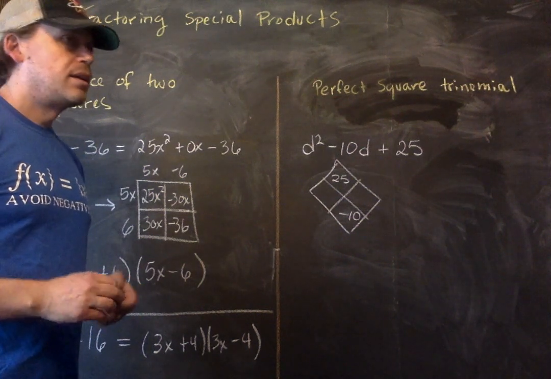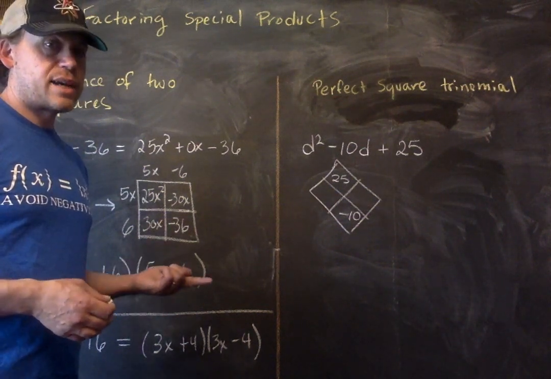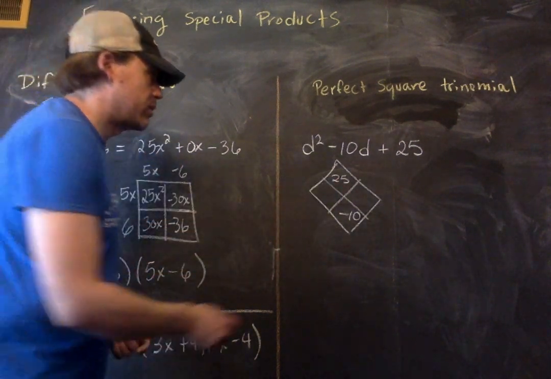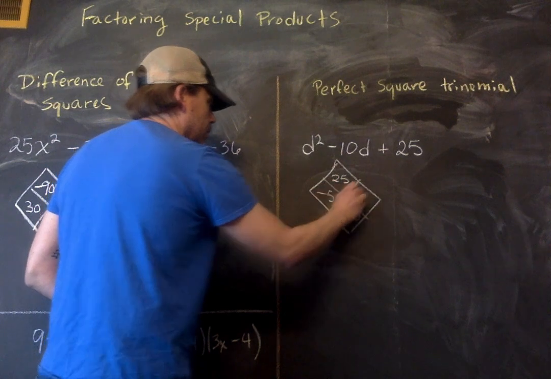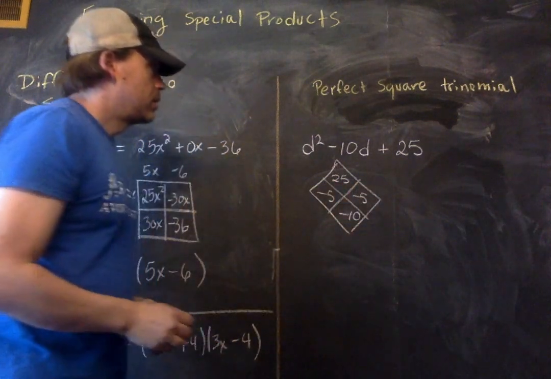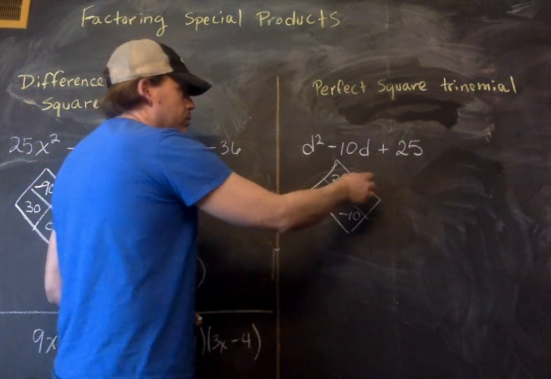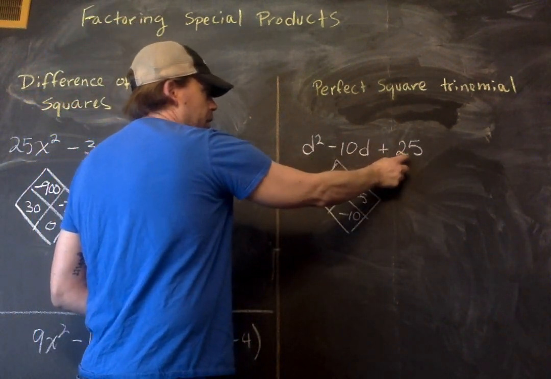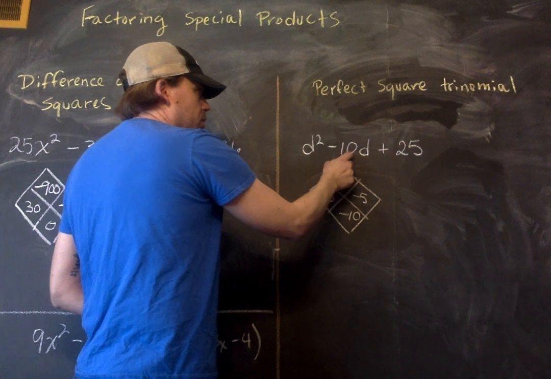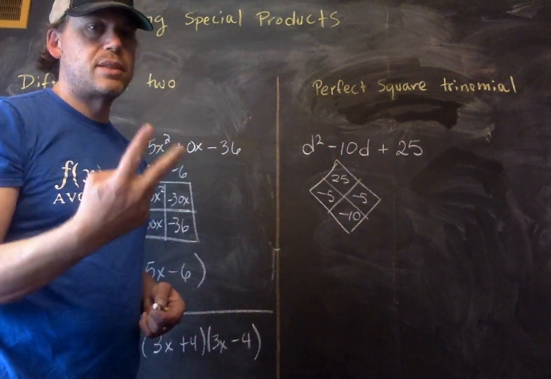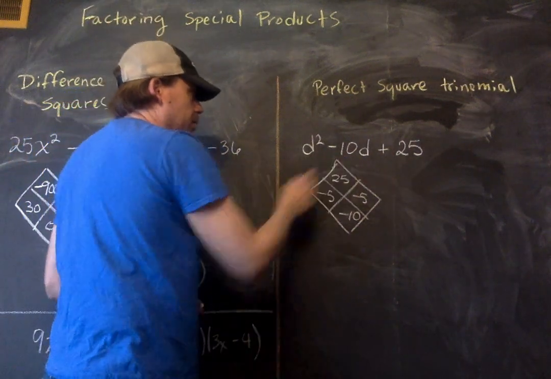That's going to be negative 5 times negative 5, because they need to add to negative 10 and multiply to a positive number. So if you think about this now, the pattern here is that 25 is a perfect square, and the square root adds to that. So if you multiply the square root times 2, you get that middle term.